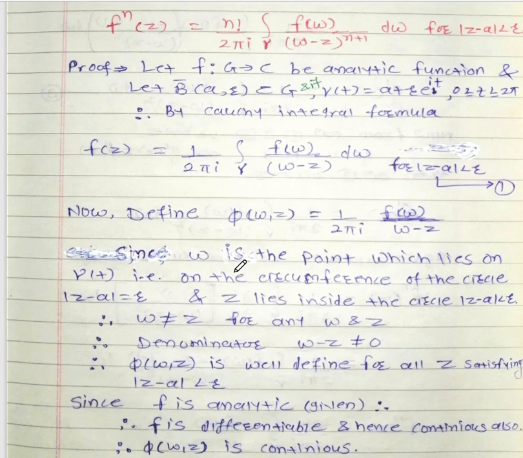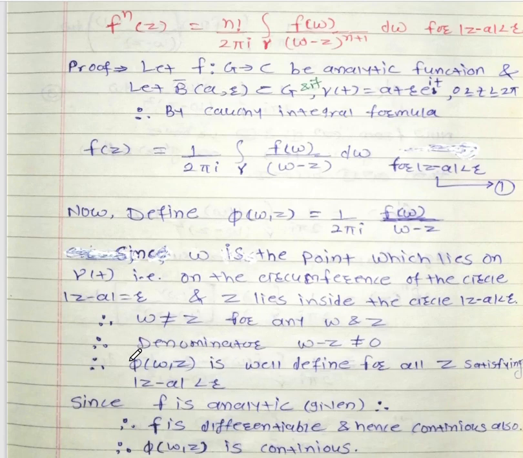So w is a point on the curve gamma, and z is a point lying inside the curve gamma, and therefore w is not equal to z for any w and z.